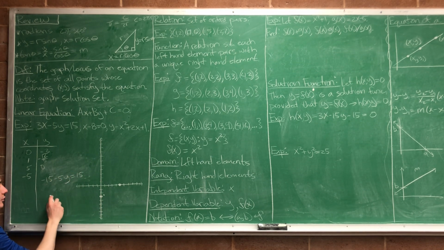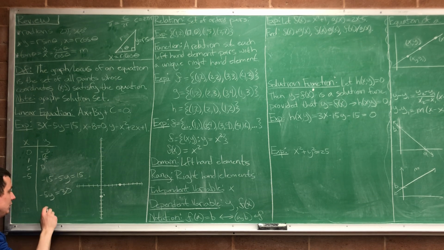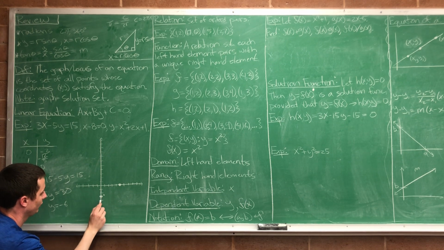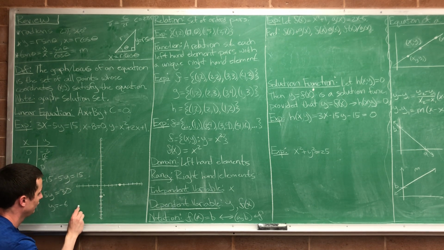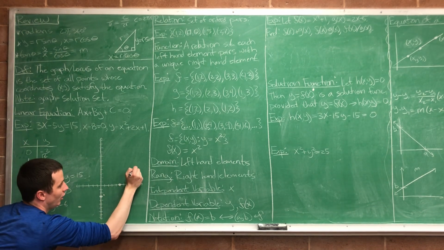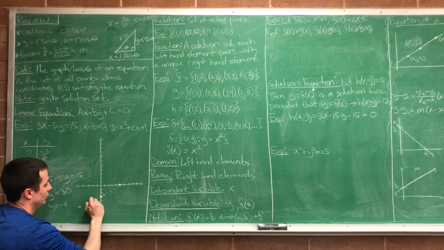Add 15 to both sides, and we get negative 5y is equal to 30. Divide both sides by negative 5, and we get y is equal to negative 6. So 1, 2, 3, 4, 5, 6. So about right there.